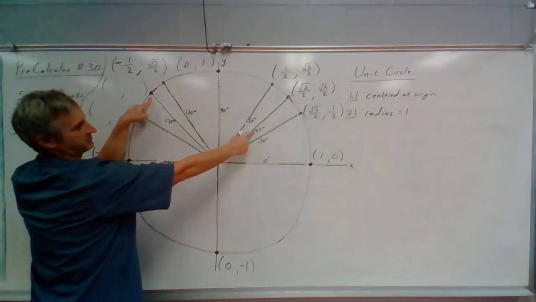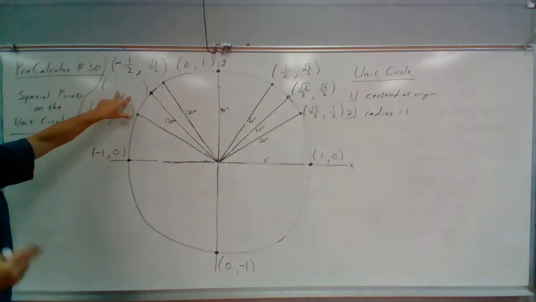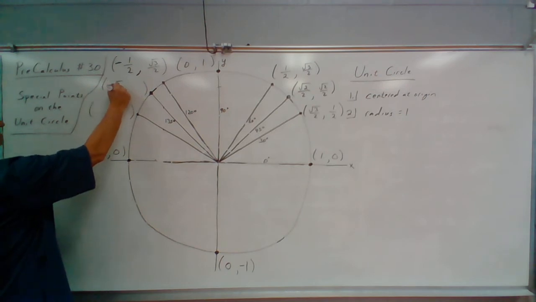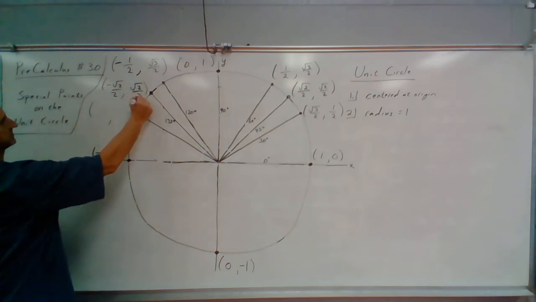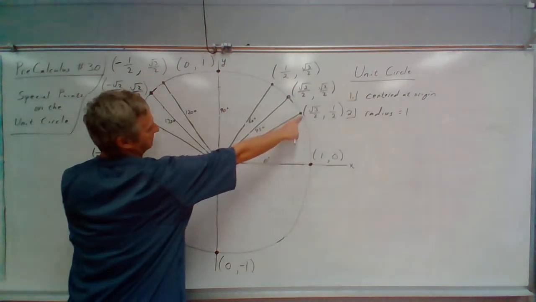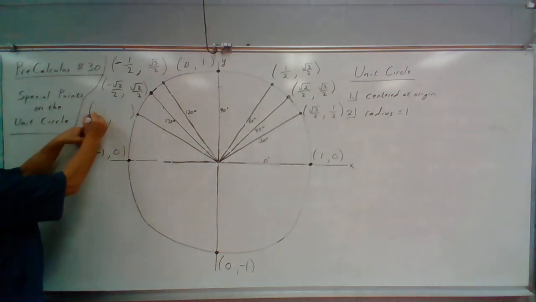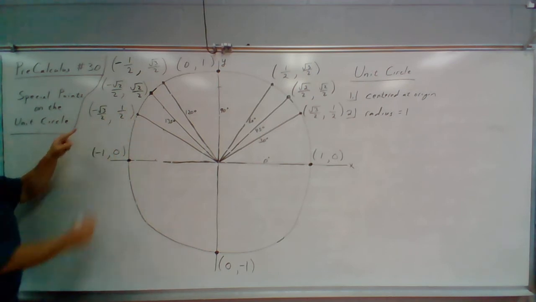It's 45 degrees from here to here, so the numbers should match up in those two points. The only difference will be the sign. So this should be negative square root of 2 over 2, and this will be positive square root of 2 over 2. The same here, these points match up. So this would be negative square root of 3 over 2, and this one would be positive 1/2.